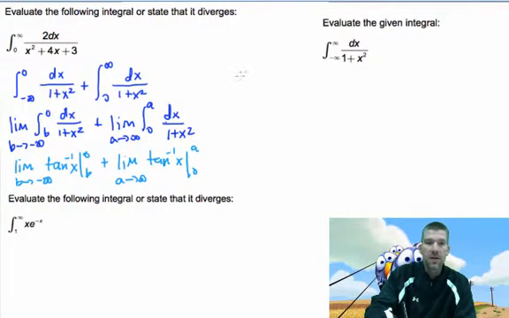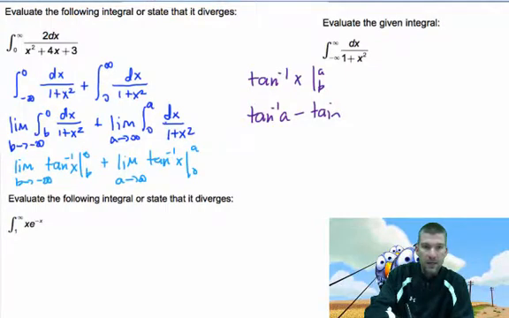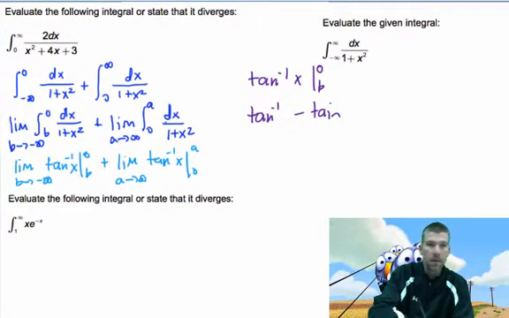Let's look at the very first guy. The arctan of x evaluated from b to 0. So that's going to be stop minus start. So we're looking at the limit then of the arctan of 0 minus the arctan of b.